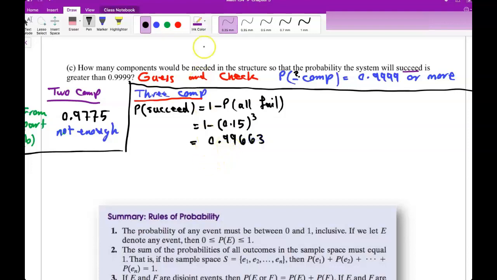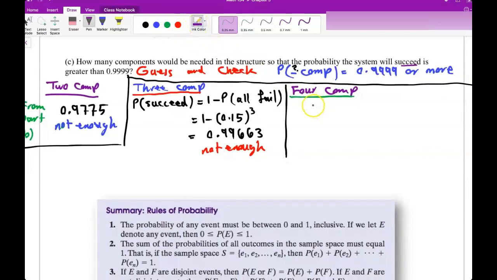Again, it is not enough. Now 4 components.